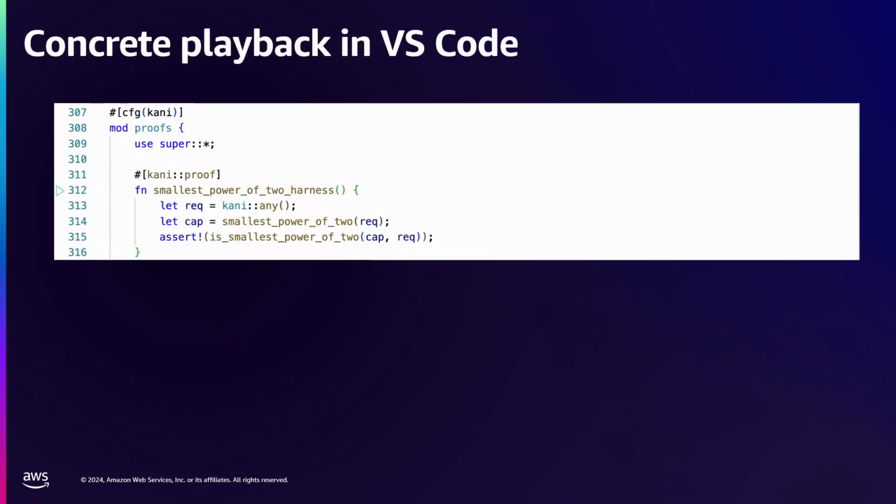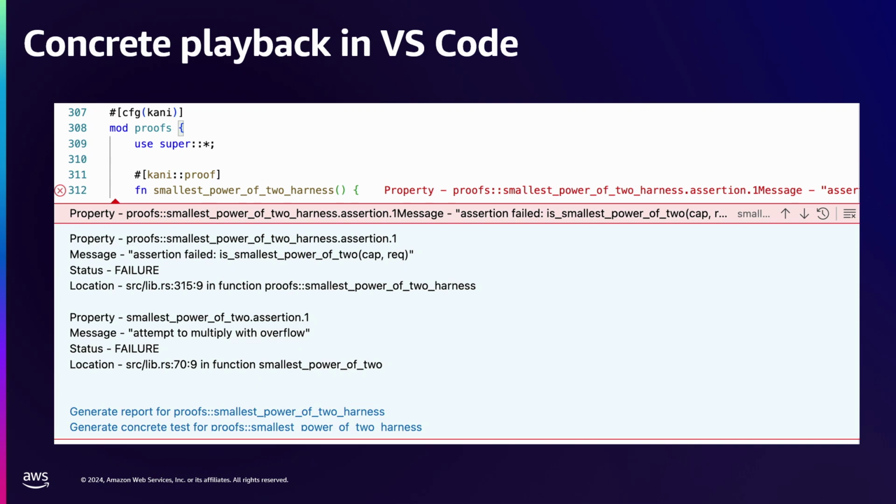So I'm going to write a proof harness that just takes any requested capacity, computes the smallest power of 2, and asserts that it is actually the smallest power of 2. And the tool tells me no. Two things happen. First of all, you have an overflow in the multiplication in your code, and second of all, due to the overflow, the function returns something that's actually too small to hold the requested capacity.